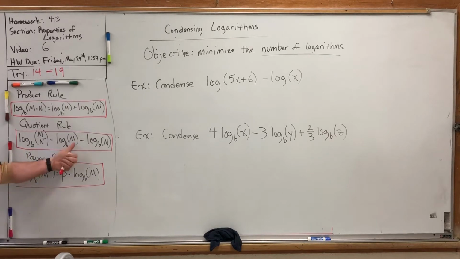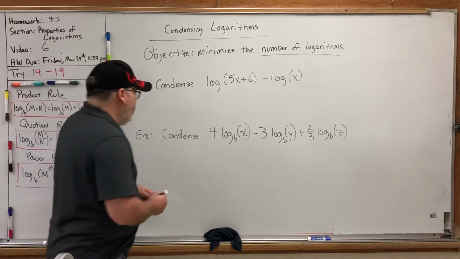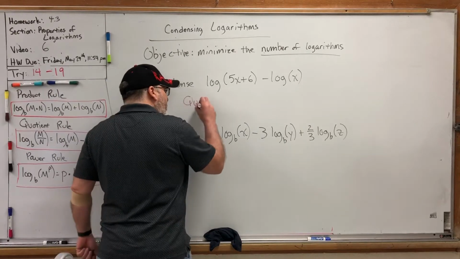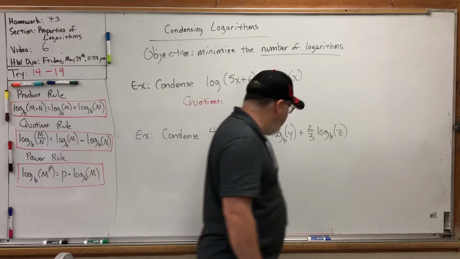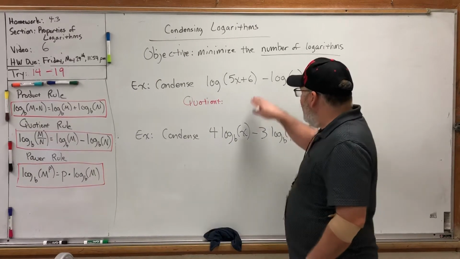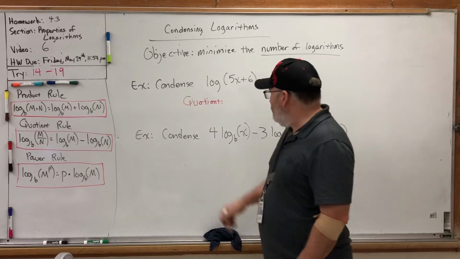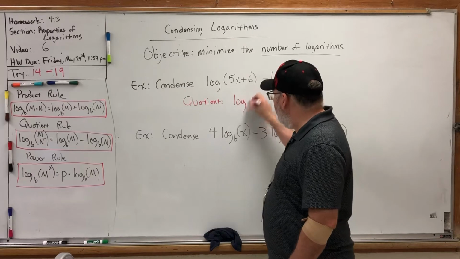You just put the positive log's argument on top and the negative log's argument on bottom. So let's use the quotient rule. Again, when you see this, it's so easy, it's almost ridiculous. If you have a difference of two logs, the quotient rule says you can set up one log of a fraction.